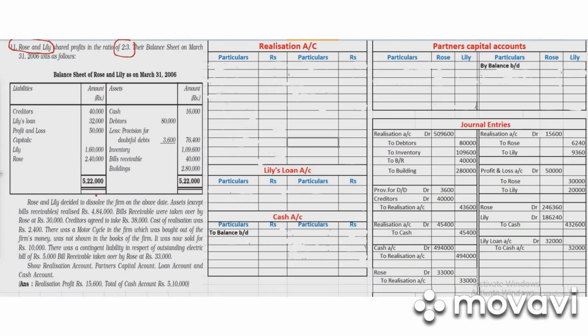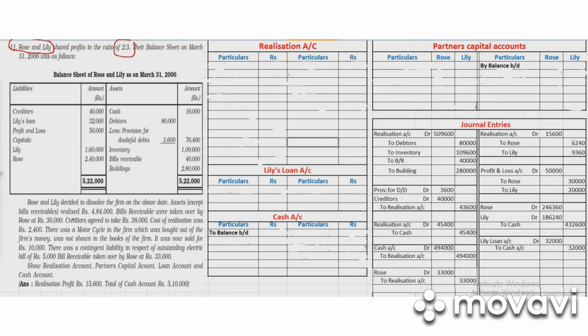So here also, you first read the question, you see the partners' names, the ratio, date, balance sheet, and the items given on the liability and asset side, and you see if there is any special item provided, and you relate those items in the balance sheet with the information provided below, the adjustments. That is also very important. Then of course you have to see the final question also, what is required to be prepared.